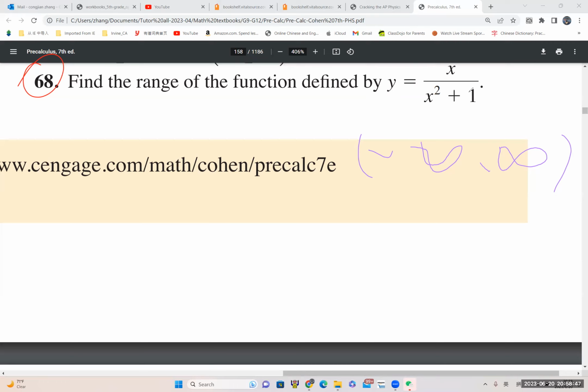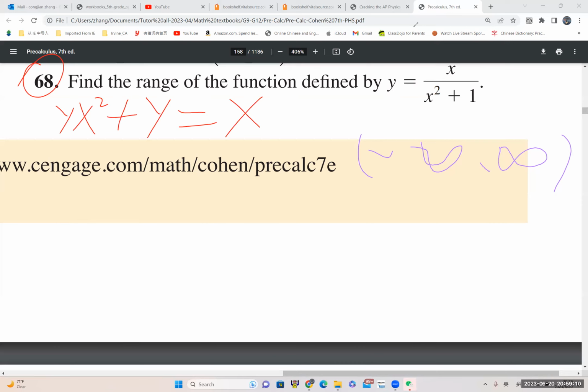Yeah, I cannot mention what's the parent function here. It's not any of the basic functions, right? It's neither of the basic functions. Yeah, maybe we can use the method in the exam. So here we go to yx squared plus y equals x, right?